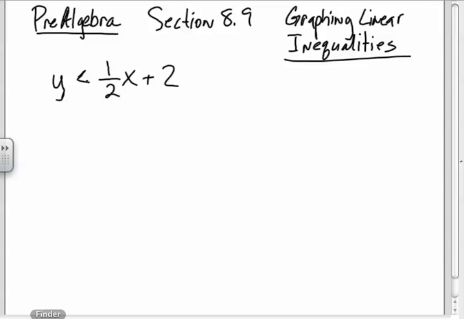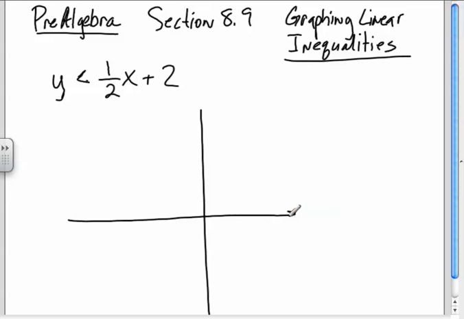All right? So let's look at this first inequality, and it says that y is less than 1/2 x plus 2. Okay? Now, if this were an equation, then I would go up 2 on the y-axis, and I'd put a dot on the y-intercept at 2, because I know that's where the line crosses the y-axis.